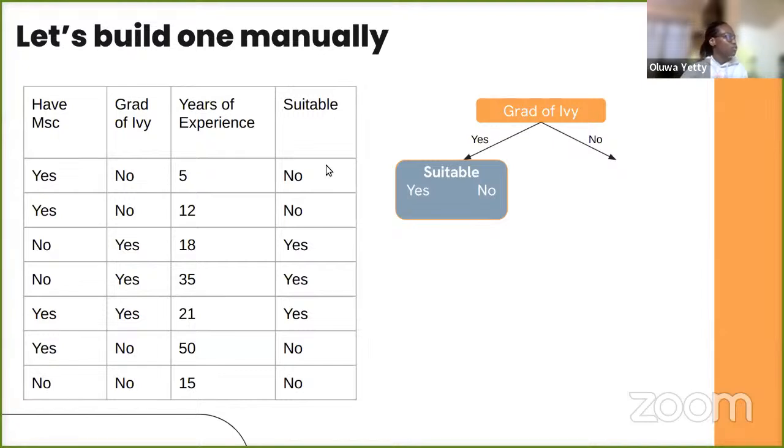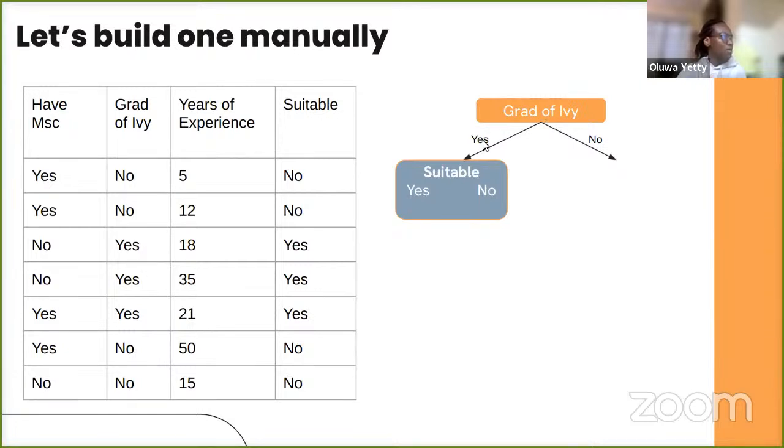So what I want you to do now is walk through this grad of Ivy. I'll explain the first one, and then the class will do the no as an exercise. The root node I have here is whether they're a grad of Ivy.